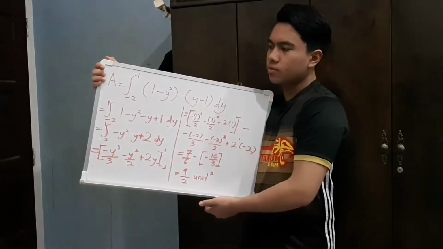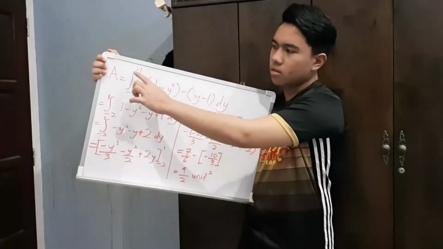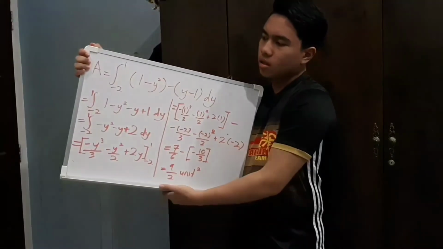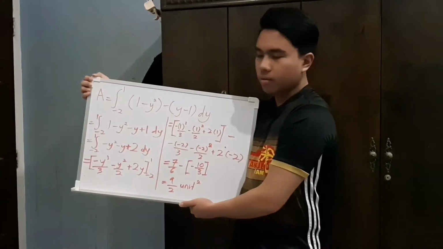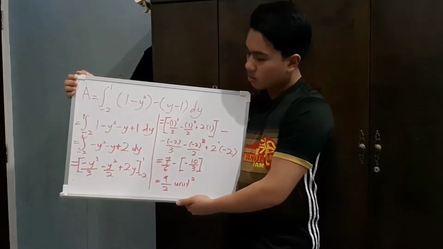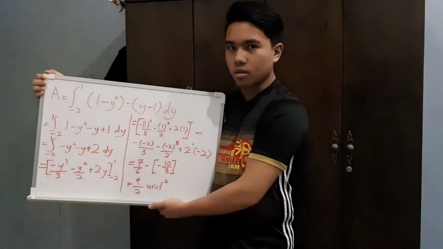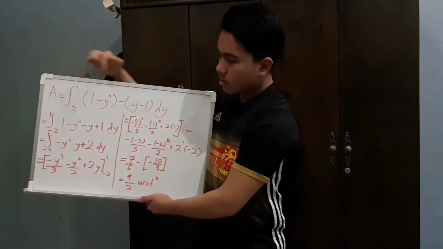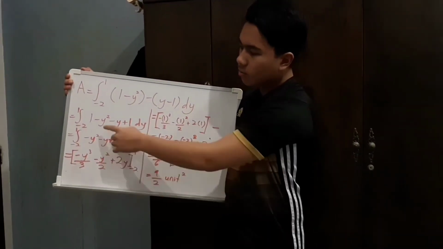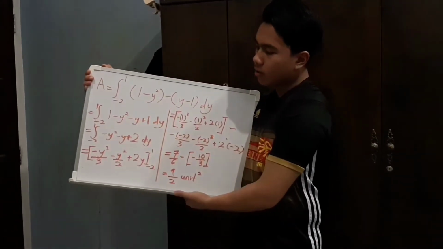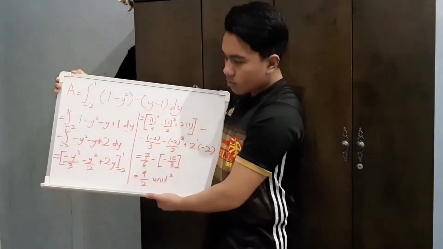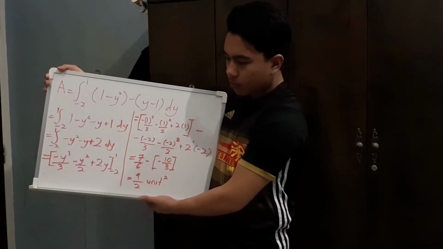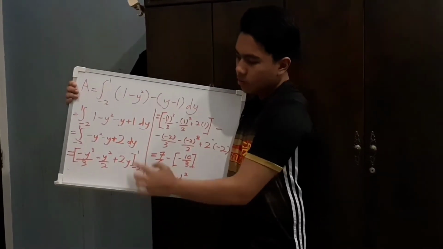So the formula is right minus left. The integral from negative 2 to 1 of (1 minus y to the power of 2) minus (y minus 1) dy. First step is we have to subtract: 1 minus y squared minus y plus 1 equals the integral from negative 2 to 1 of (negative y to the power of 2 minus y plus 2) dy.